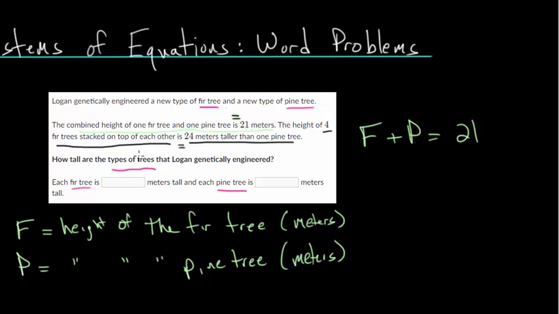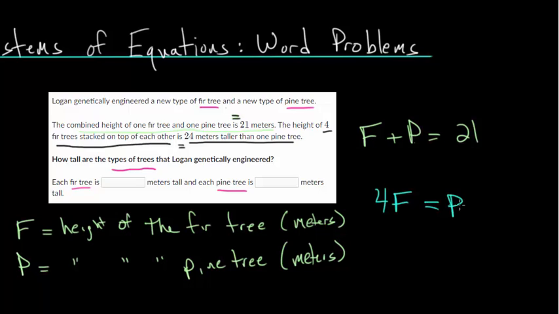So essentially, you're adding this fir tree F 4 times, or you could think about it in terms of multiplication. So this is 4 fir trees stacked on top of each other, since F is just the height of one fir tree. And it is 24 meters taller than one pine tree.